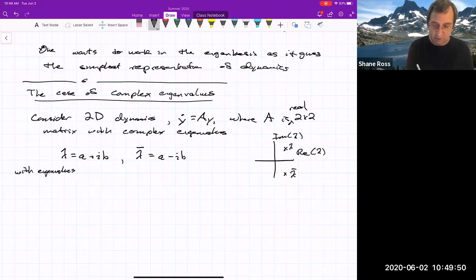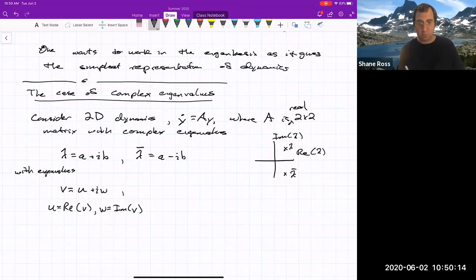So corresponding to lambda, you'll have V, which is something complex, but it's going to have a real part and an imaginary part: V equals U plus i W. U is the real part of V, W is the imaginary part of V, and lambda conjugate will have a corresponding eigenvector, which is the complex conjugate of V. V is a two-dimensional vector, U is a two-dimensional vector, and W is a two-dimensional vector.